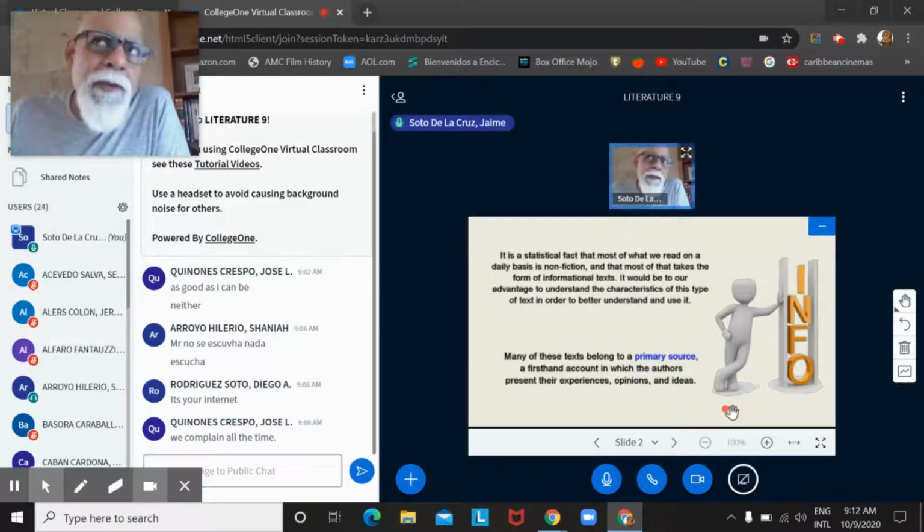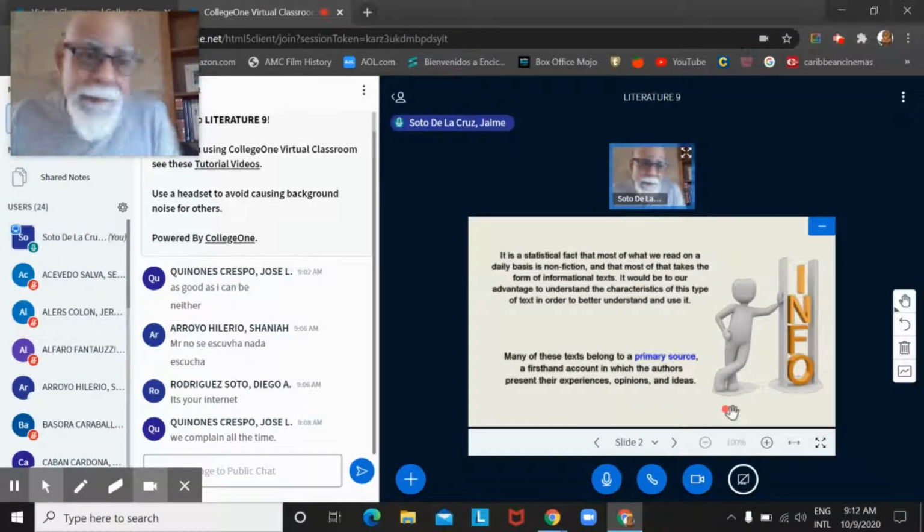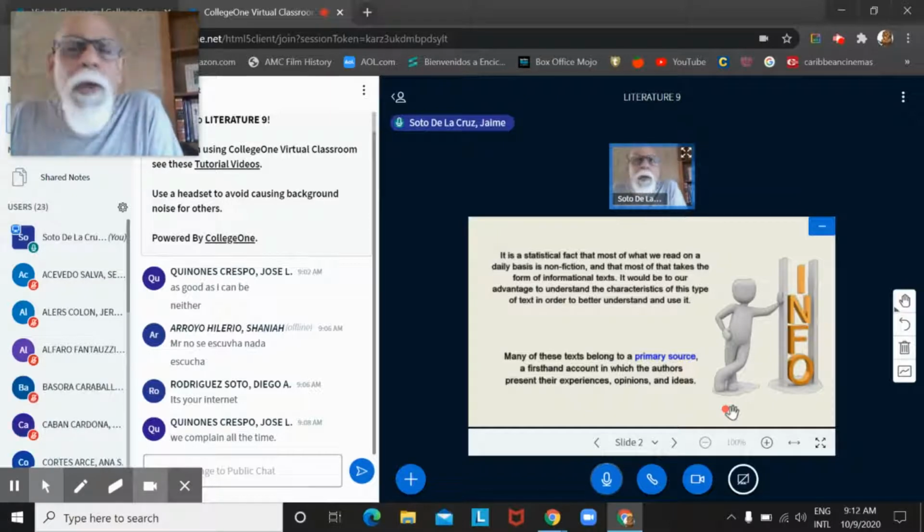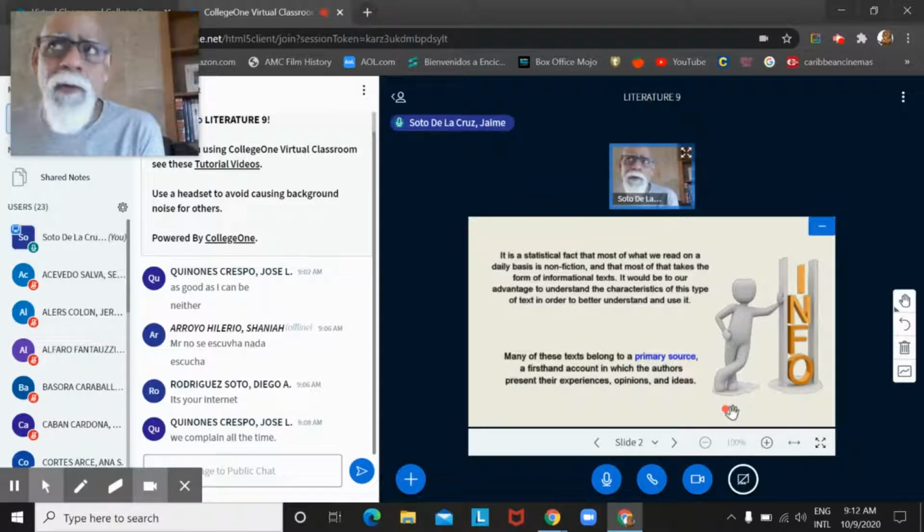And at the end of each collection, and this is the end of the collection, we usually have a section that is dedicated to nonfiction. Remember, nonfiction deals with factual realities, not with the imagination. And why? Well, because it is a statistical fact that most of what you and I read on a daily basis, even if you're not a reader, is nonfiction.